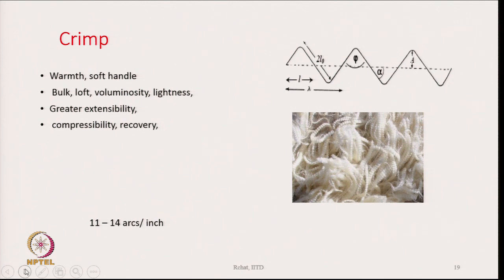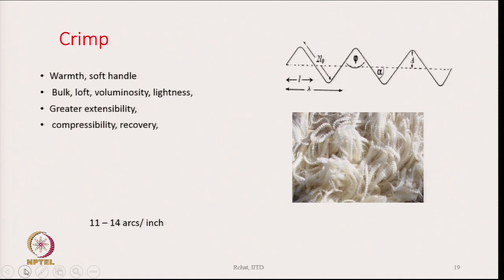Crimpiness is important because it facilitates entanglement between the fibers. While processing fibers on certain machines, crimp is desirable. Without it, we will not be able to have any cohesion between the fibers, and the fibers will all fall from the machine, and therefore crimpiness is important. Where crimp is not there, these fibers are difficult to process.